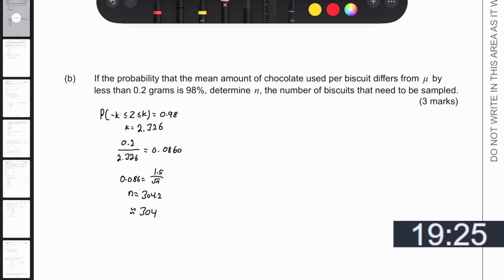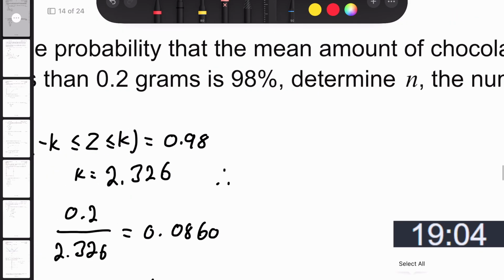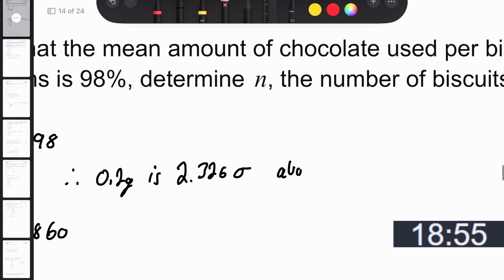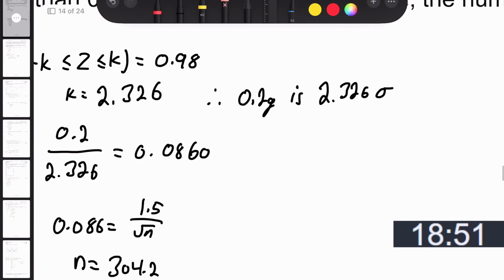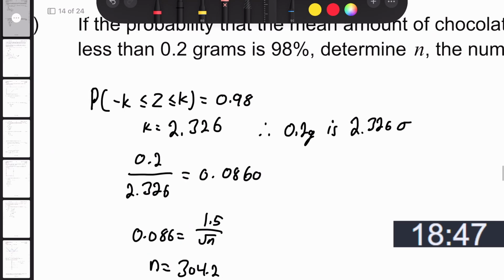I don't know, this considered to be sampled. 2.326 deviations, so 0.2, 2.326 is equal to 0.0860. Divided by answer squared, 4.